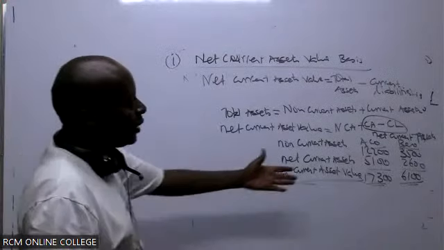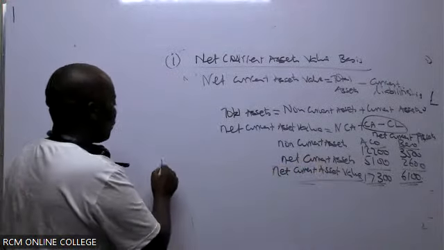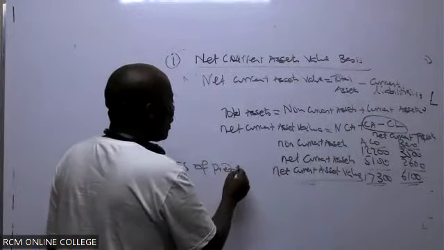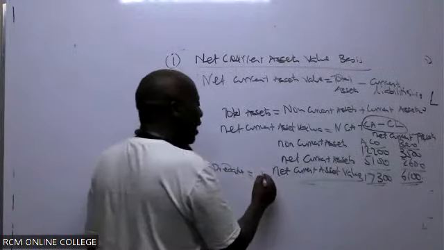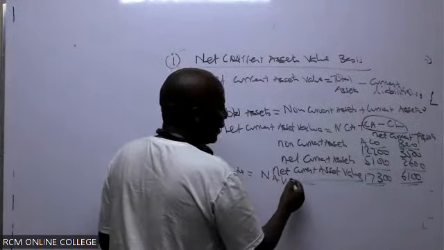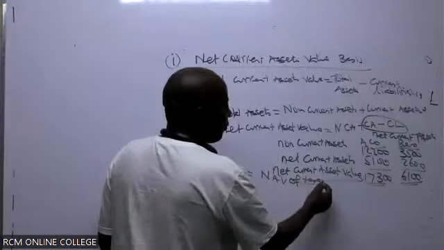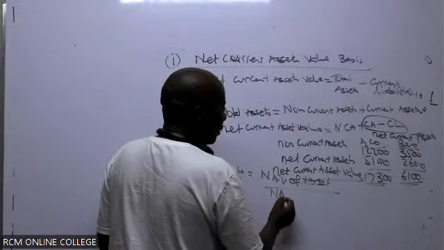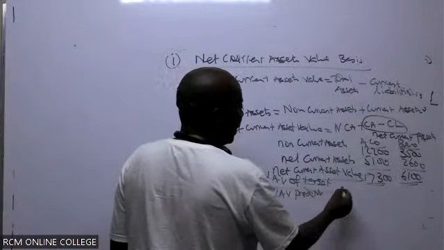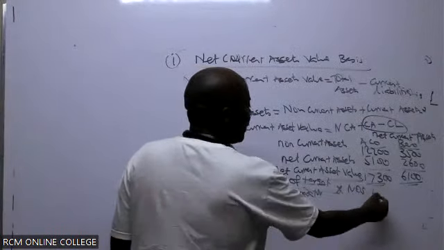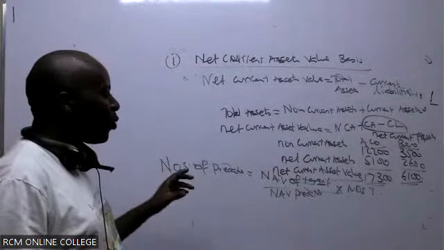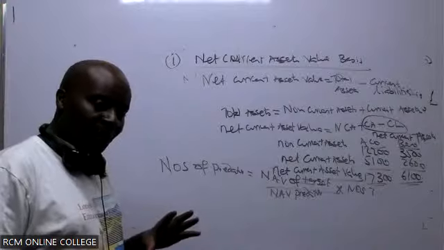If you're using this to get our number of shares of the predator, you will take the NAV of the target over the NAV of the predator, times, in this case, NOS T. I want you to go and watch this video again.